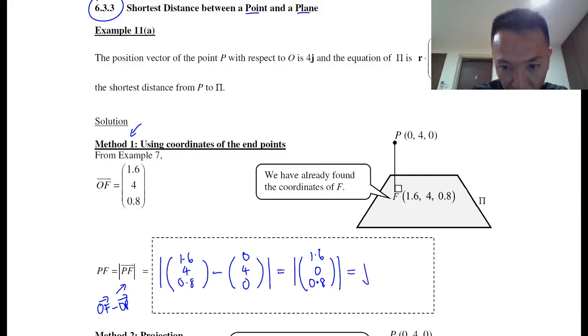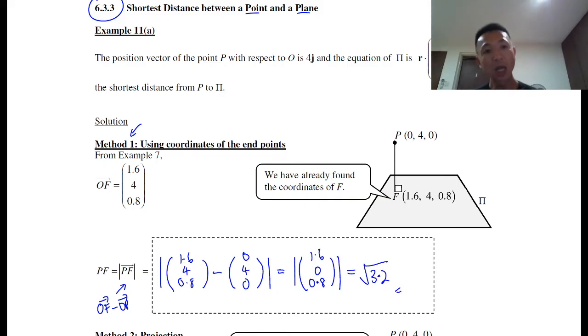Do the calculation, and you will realize that it's square root 3.2. The question just says find the shortest distance. They didn't say exact. You could have used the GC to evaluate this, or you could have left it like that. I am fine. If they say exact, then you have to leave it like that. Okay, that's an easy first method.